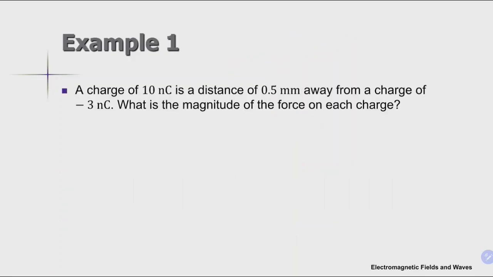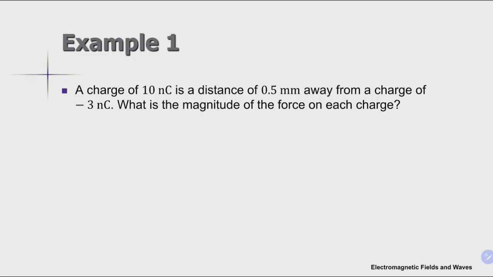So in this example, we have a charge of 10 nanocoulombs. It is a distance of 0.5 millimeters away from a charge of -3 nanocoulombs. What is the magnitude of the force on each charge?